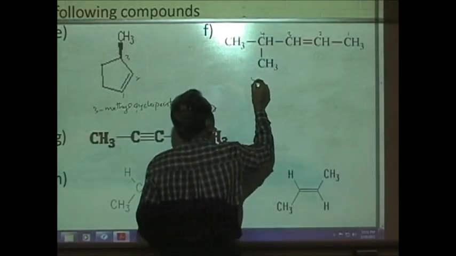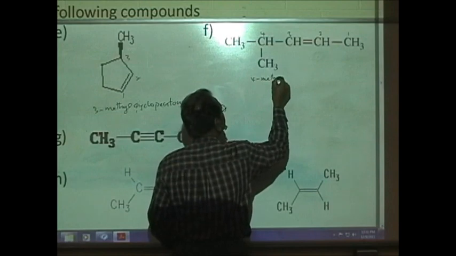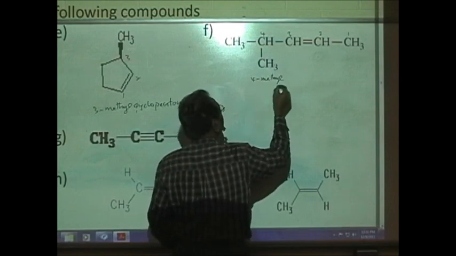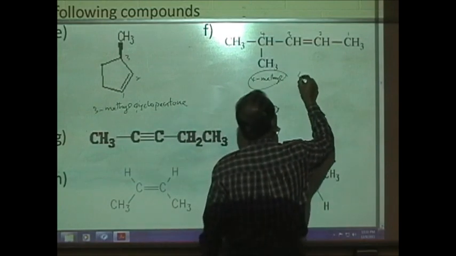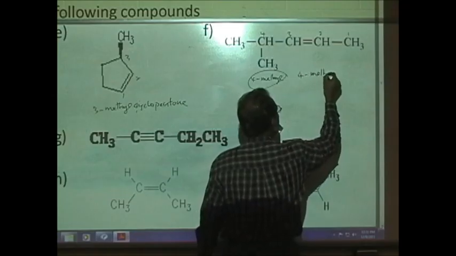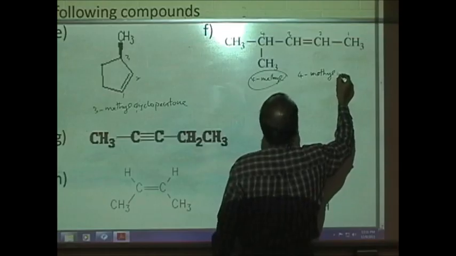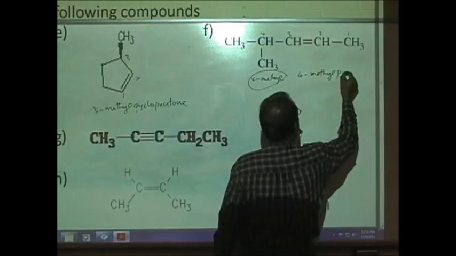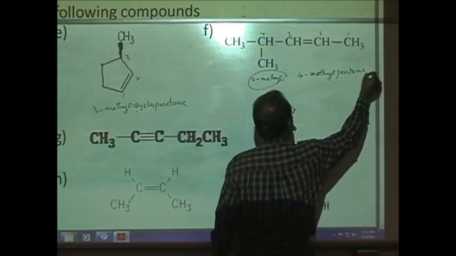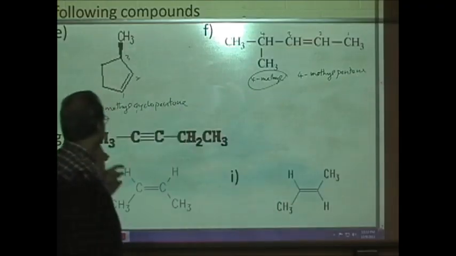Okay, that's going to be 4-methyl. Okay, this group, therefore, 4-methyl pentene. All right, you got it.